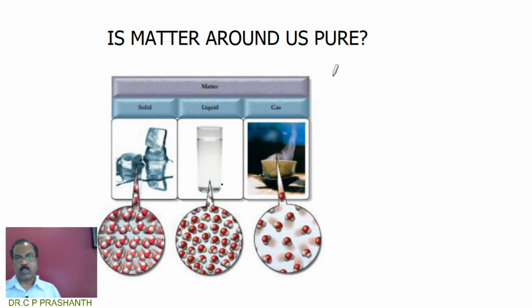In the last chapter, we learned about matter, and we learned that matter can be classified into solids, liquids, and gases. And what is the basis of this classification? The attractive force.